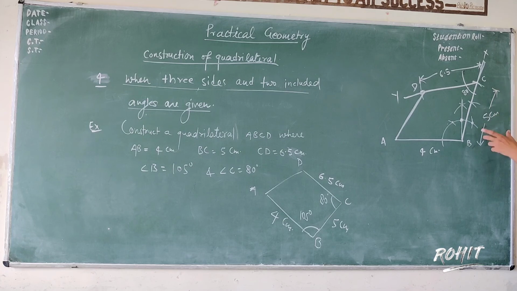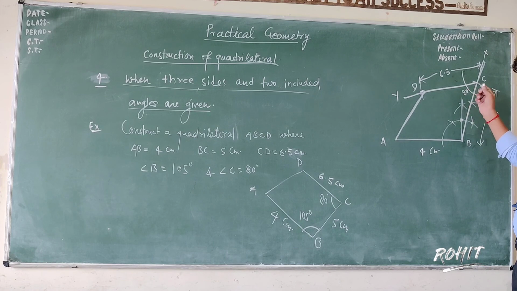and then cut a line segment BC of 5 centimeter from the ray BX. Now taking C as center and taking BC as base, draw an angle of 80 degree, and making an angle of 80 degree, draw a ray from the point C. Again, cut a line segment CD of length 6.5 centimeter from the ray.